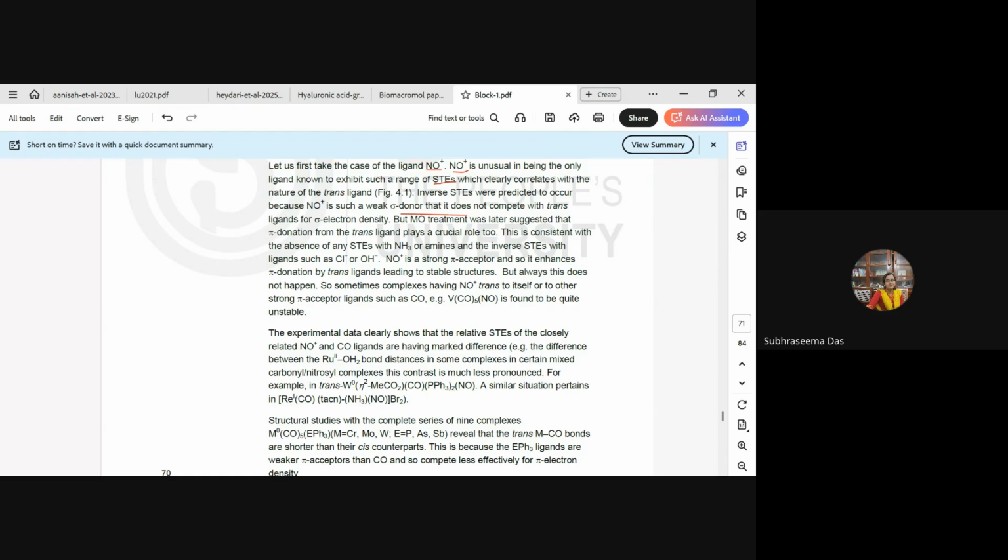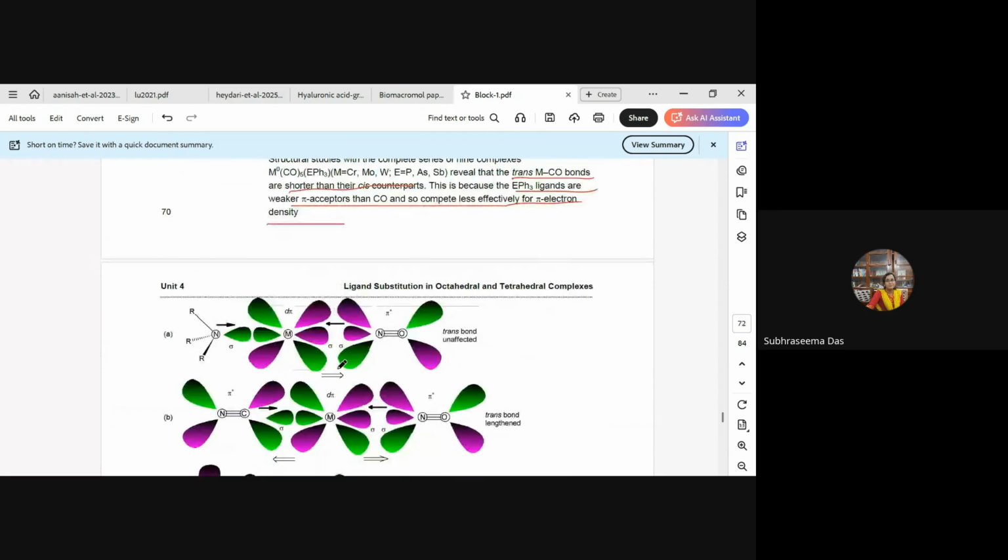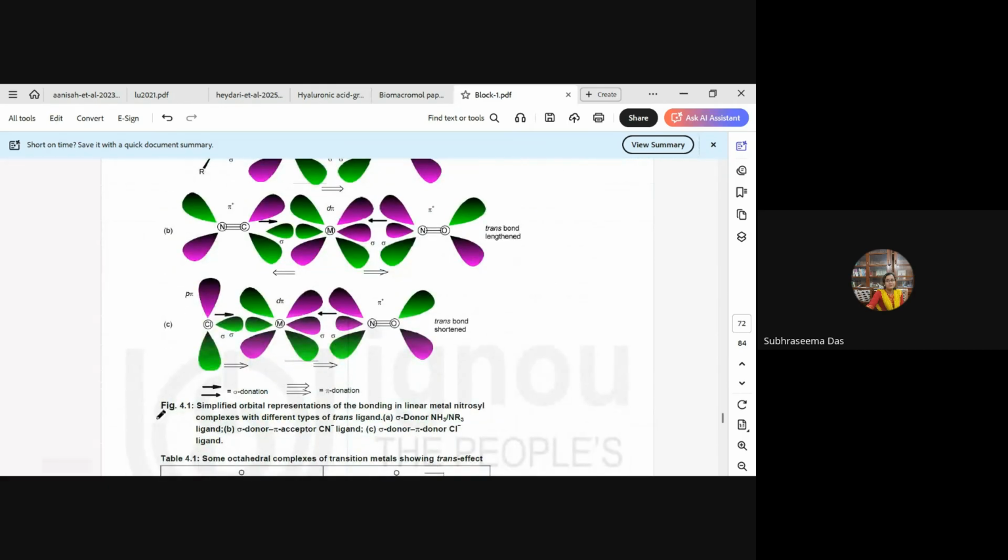Structural studies with the complete series of nine complexes reveal that the trans metal-to-carbonyl bonds are shorter than their cis counterparts. This is because the EPH3 ligands are weaker pi acceptors than CO and also compete less effectively for pi electron density. Here this is figure 4.1.